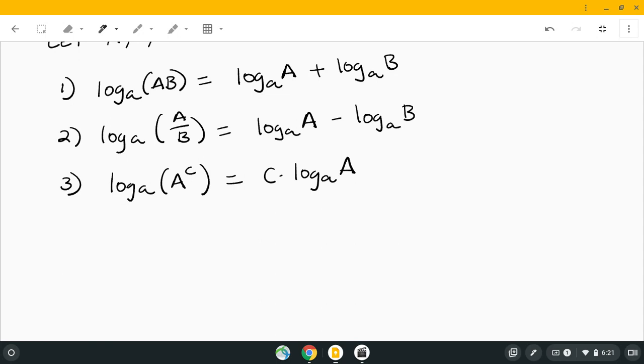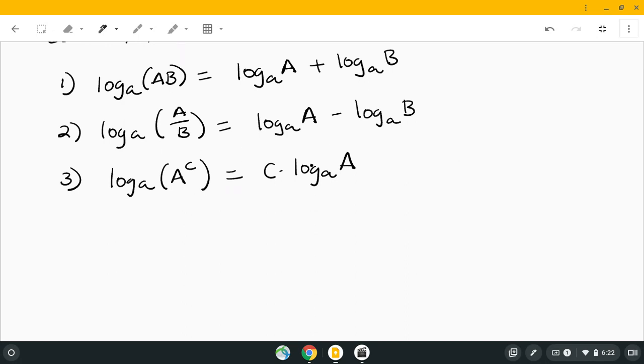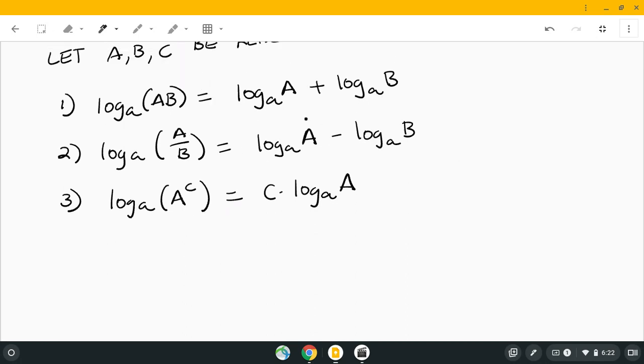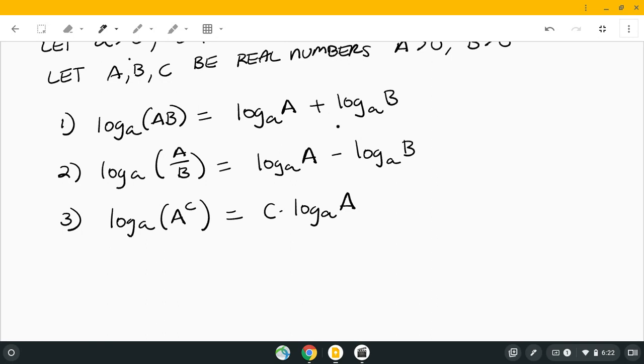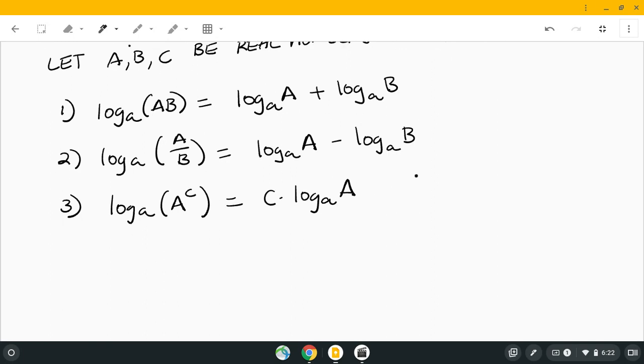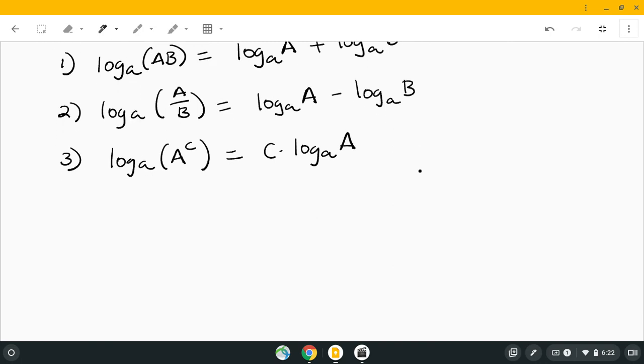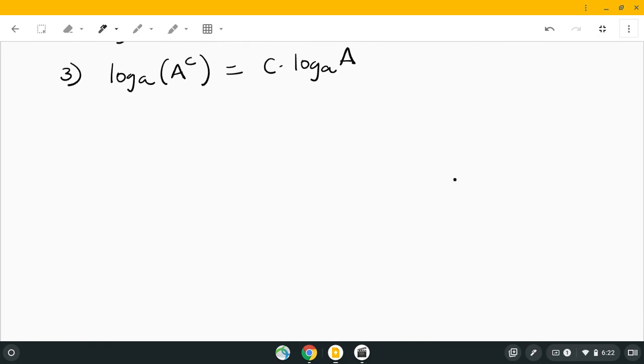When we start solving exponentials, this is going to come in handy, understanding that if I'm taking the log of something to some power, I can bring that power down to the front. So these are the 3 properties. It's very important to be successful in the next section. You have to know these properties. So let's practice using these.